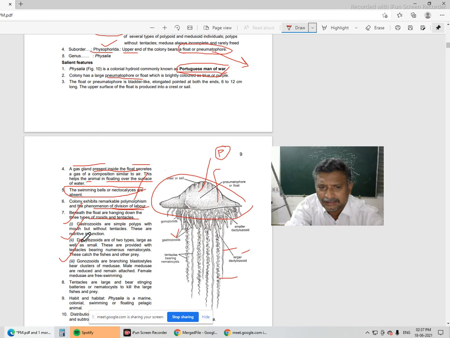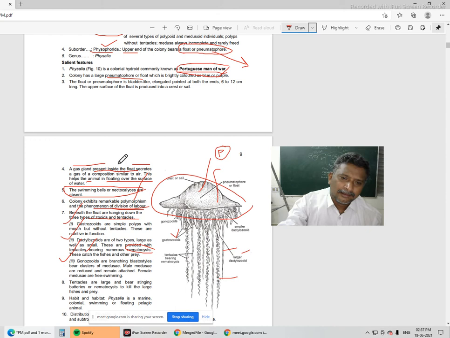We already know that gastrozoids are meant for nutrition. They have a mouth and no tentacle. Dactylozoids are of two kinds, large as well as small. These are provided with tentacles bearing numerous nematocysts.